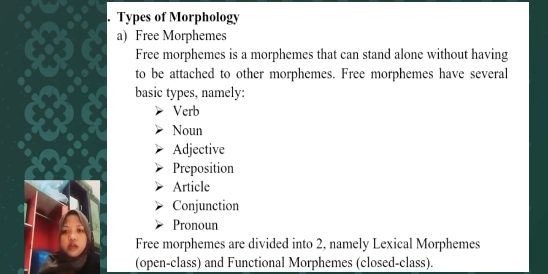Free morphemes have several basic types, namely verb, noun, adjective, preposition, article, conjunction, pronoun. Free morphemes are divided into two, namely lexical morphemes or open class and functional morphemes or closed class.